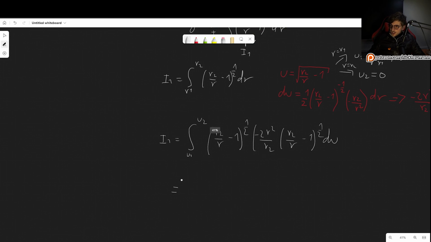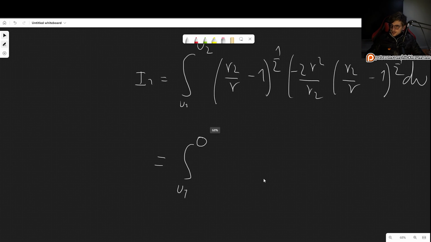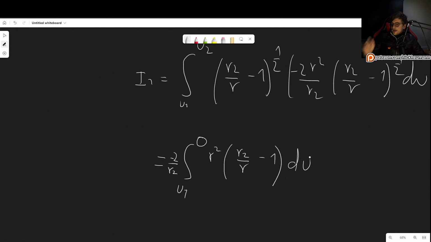Okay, so our integral goes from u1, which I'm too lazy to write, to 0. And then we have a bunch of constants, so we can write outside minus 2 over r2. Then we have r squared and (r2 over r minus 1). And because we have 1/2 and 1/2, we get, of course, the 1 power, and we don't worry about it anymore.